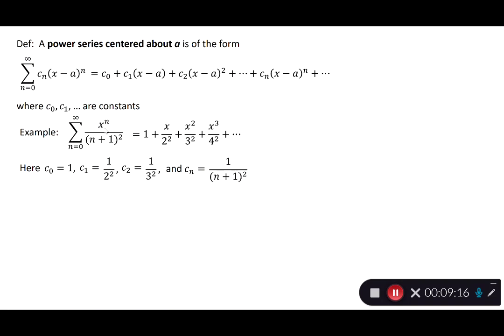So we saw that for x equals 1, the series converged, but for x equals 2, it did not, right? So that's the key here. We need to figure out for what values of x the series converges. That's the idea. Cool. Let me continue.